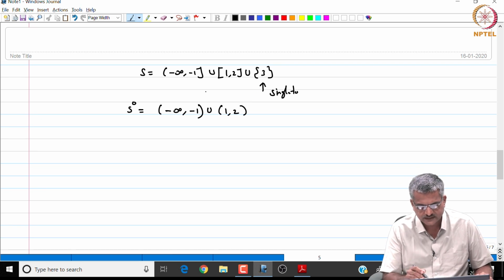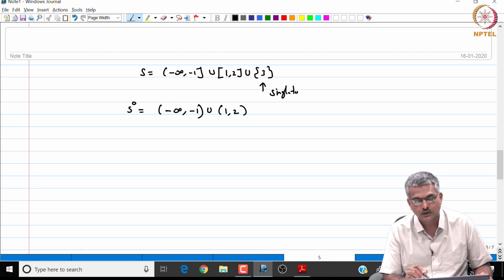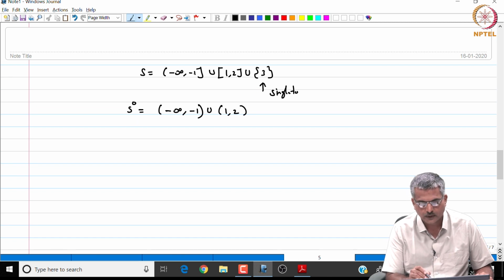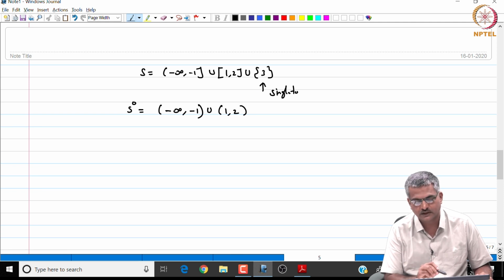Here, as I said, minus 1 does not qualify to be an interior point, because if you take any neighborhood, however small, not all its points belong to the set S. No matter how small a ball you choose around minus 1, you will always get some points to the right of minus 1 which are not in the set S. So, these points do not qualify to be interior points.